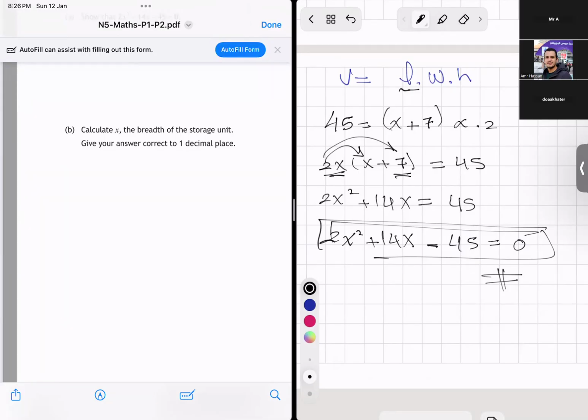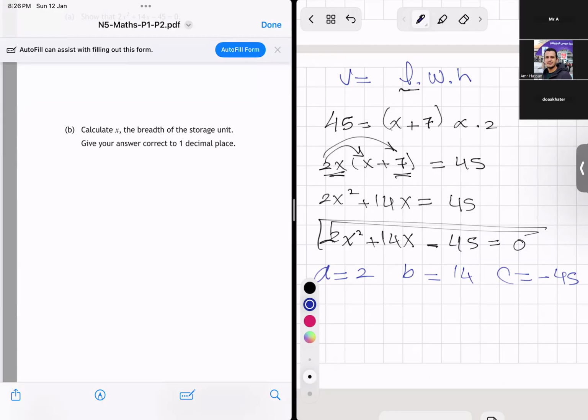I recommend using the general formula. I really like to use it if you have something like this one. This one looks horrendous. So let me tell you what A stands for, what B stands for, and what C stands for. A is 2. And what B stands for? 14. C is minus 45. Yeah, right.